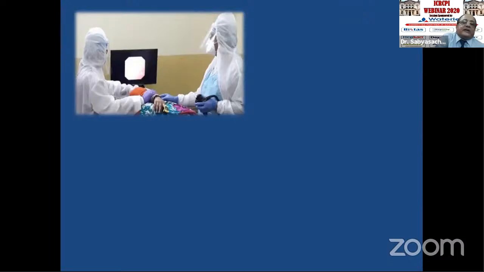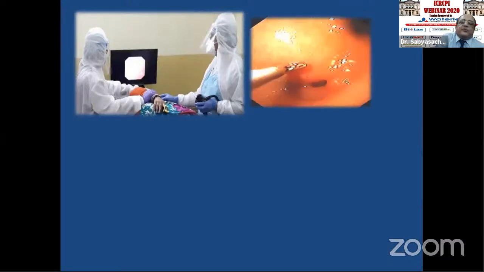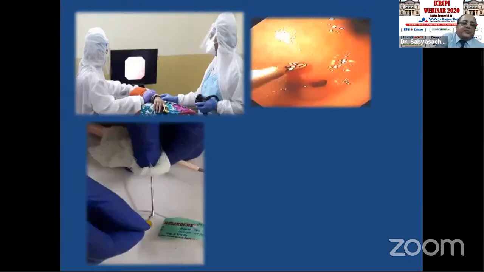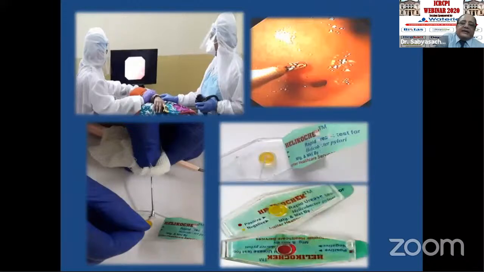Now, how do we do the urease test? Simple. We take biopsies from the antrum during endoscopy and put them in this slide. If positive, it becomes red; if magenta, it is negative, it remains unchanged. There are many kits available in India. Initially it started as the CLO test from Perth, Australia, hosted by Barry Marshall, but now an indigenous kit is available.